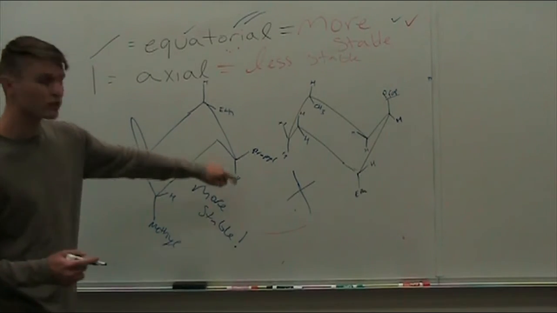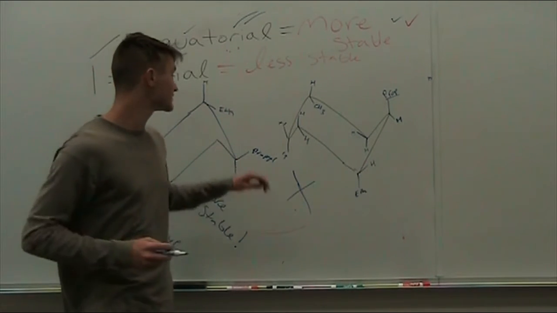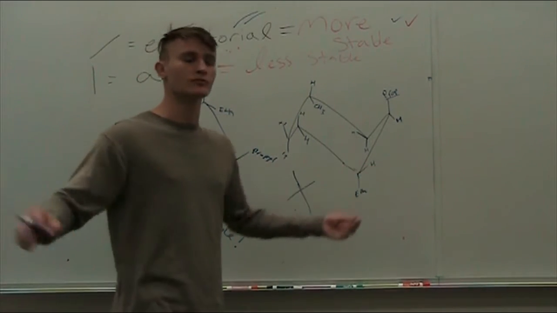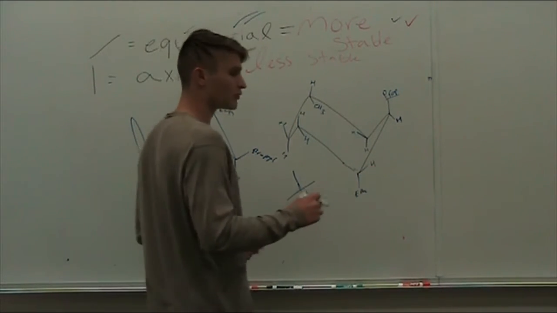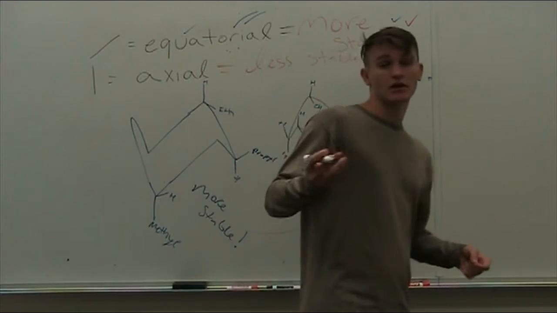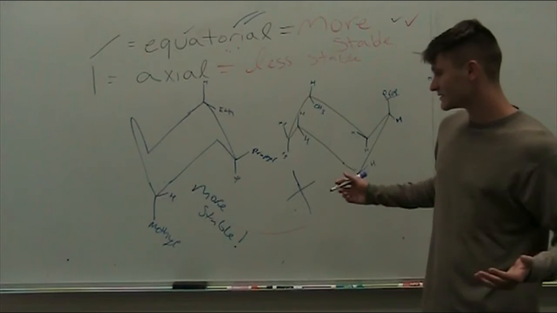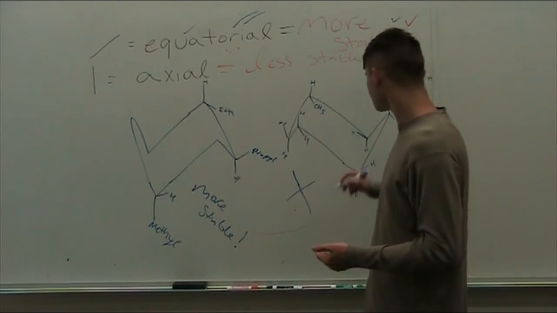Because the ethyl and the propyl groups, which are the biggest substituents, are in equatorial position, so they have enough room. Look how big a propyl group. A propyl group has 3 carbons and hydrogens all attached. It's long. It's a big group.